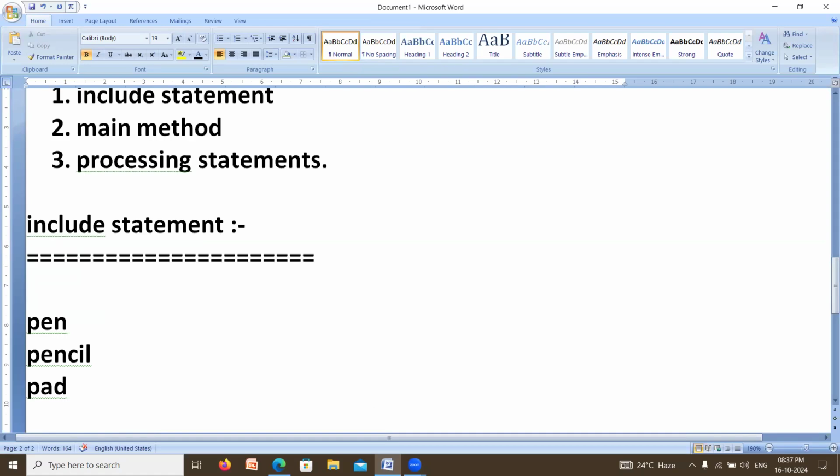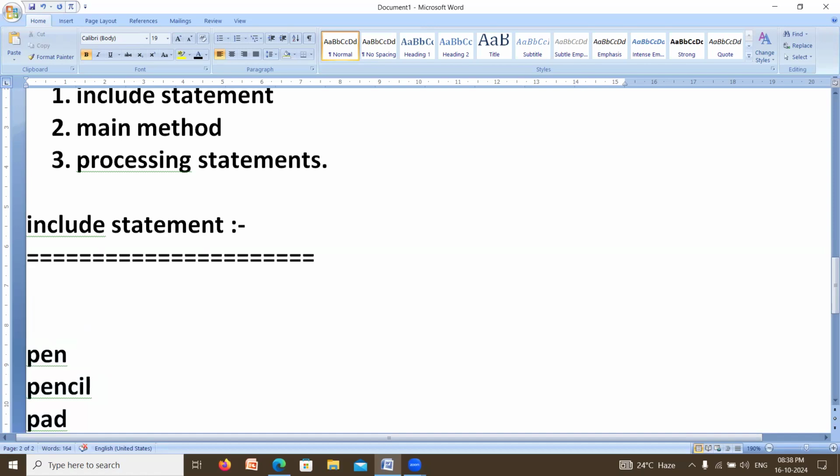What is the use of pen, pencil and pad? By using these three things, a student can write the exam very well. These are required to perform a task. What is the task here? Writing the examination is the task here.